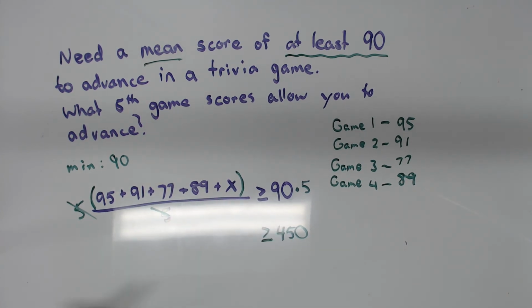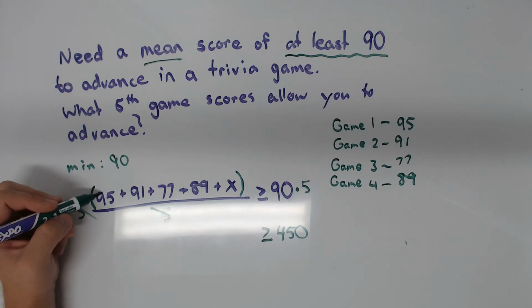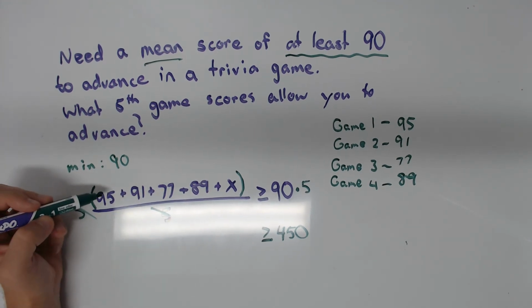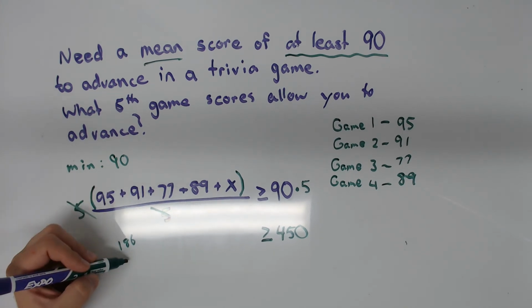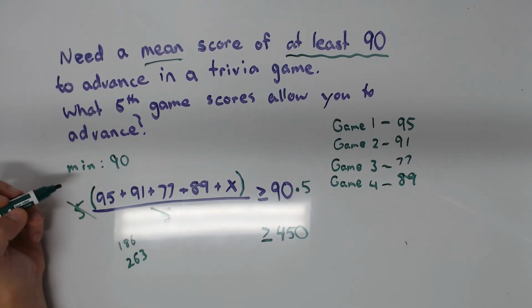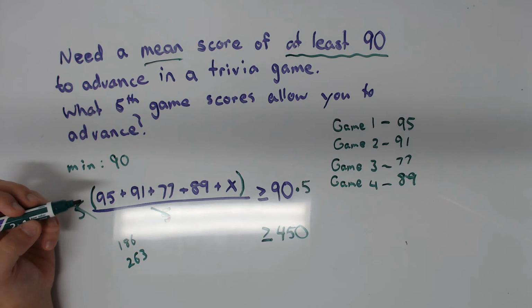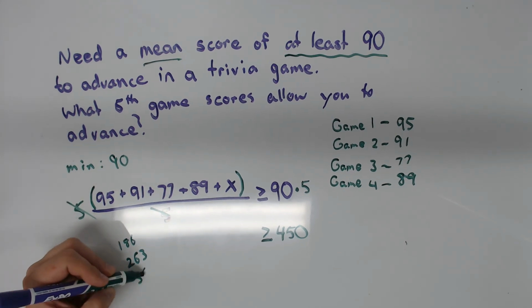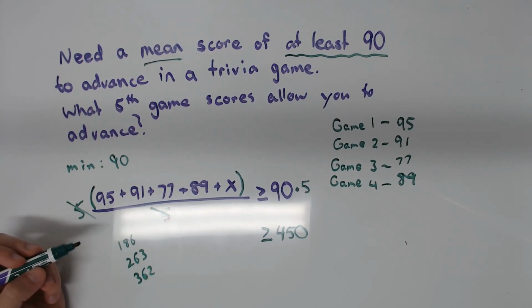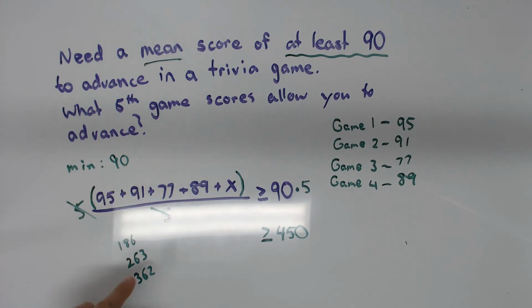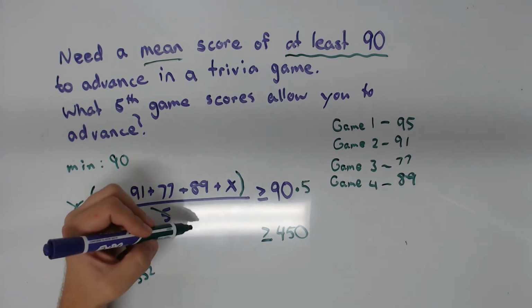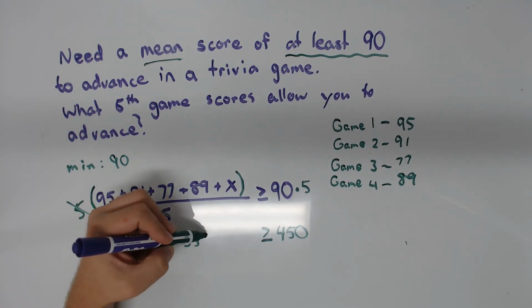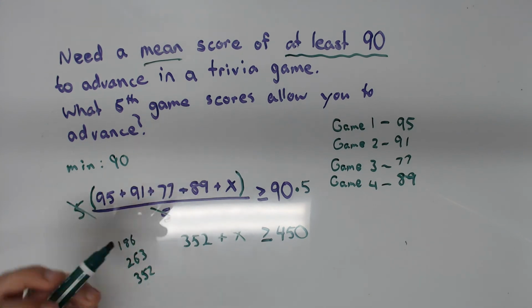All right, so now let's start adding these together. 95 plus 91 is 186, plus 77 is 263, plus 89 is 352. So right now we're sitting at 352 plus x.